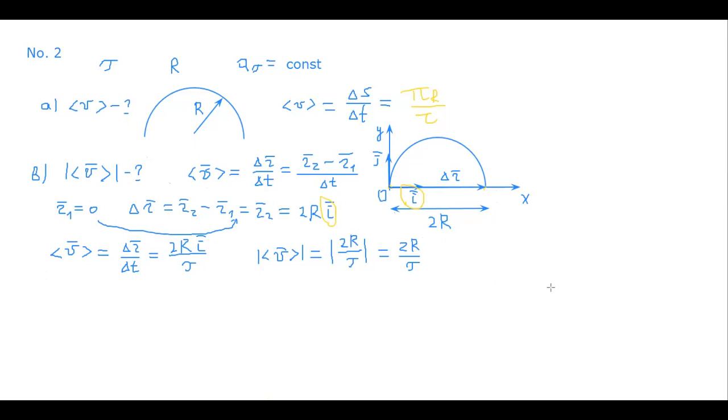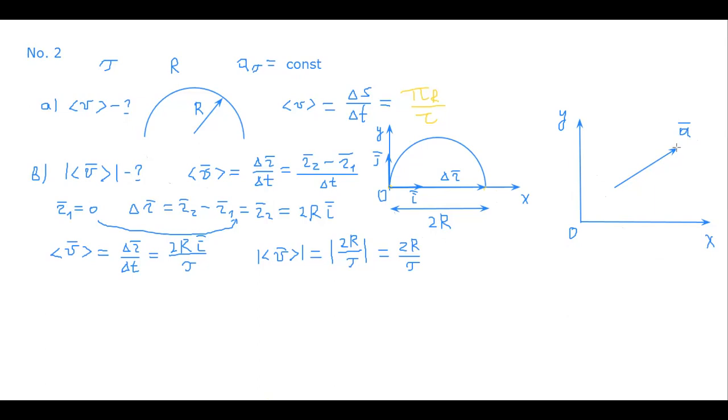We can remember, if you want to set a reference system and define a vector, for example in two dimensions, a vector a, how can we define this vector in this reference system O x y?